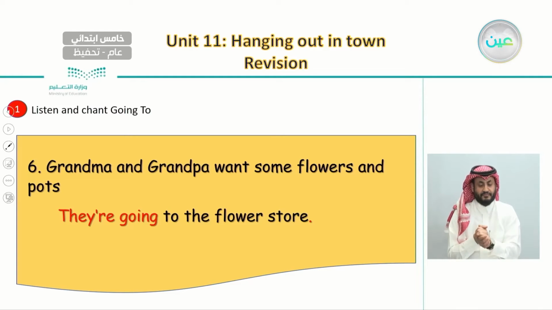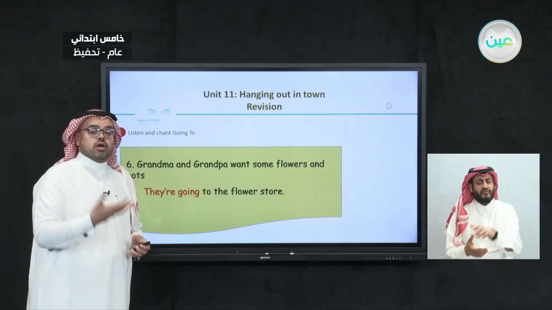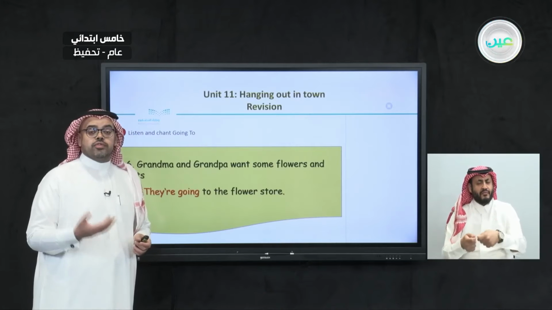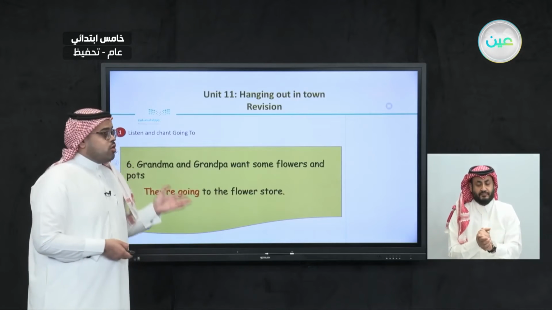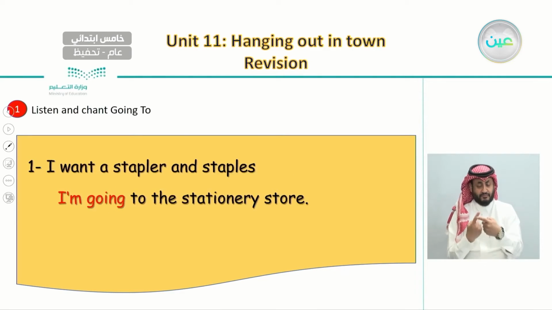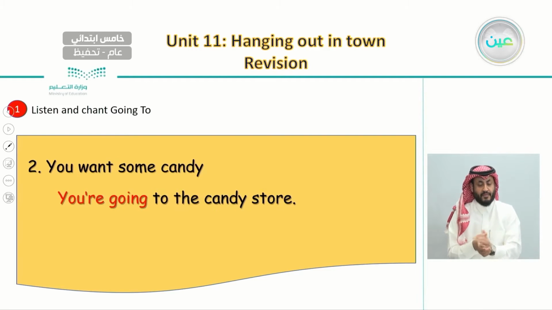So, in these six sentences, we listened to different examples about different people and where they are going to buy each of the items that they need. For example, with number one, when I say stapler and staples, I need to go to the stationery store. When we talk about candy, they are going to the candy store.